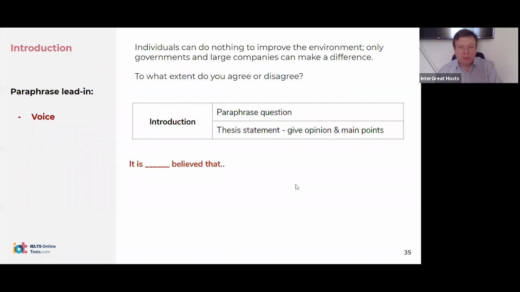Okay, so let's have a look. It is what? Yeah, there's a number of words which would fit in. So widely. It is often.